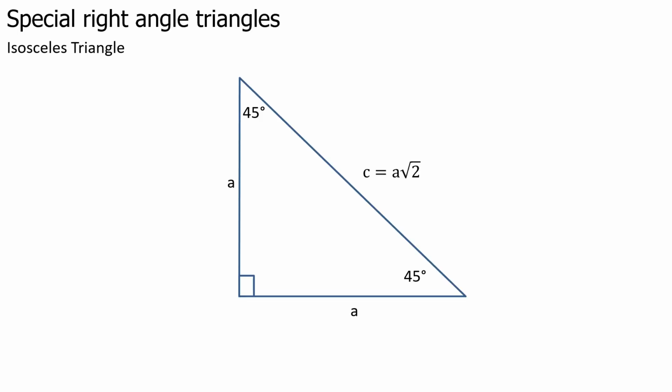Just a quick note on special right angle triangles. We can see here on this isosceles triangle that both A lengths are the same. We can find the C length by multiplying the A length by the square root of 2.